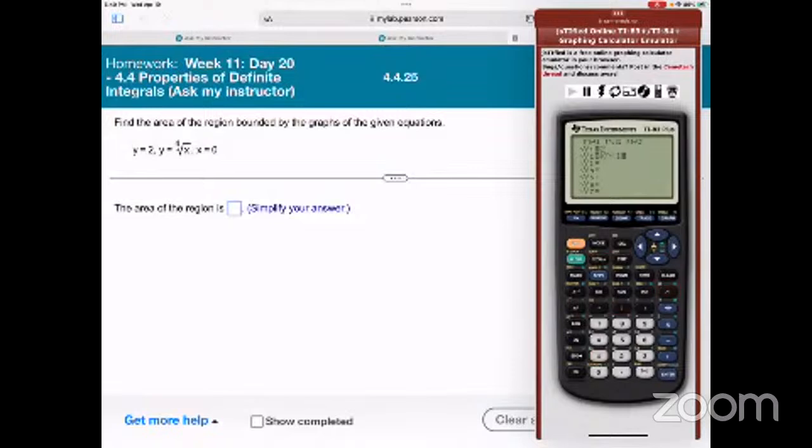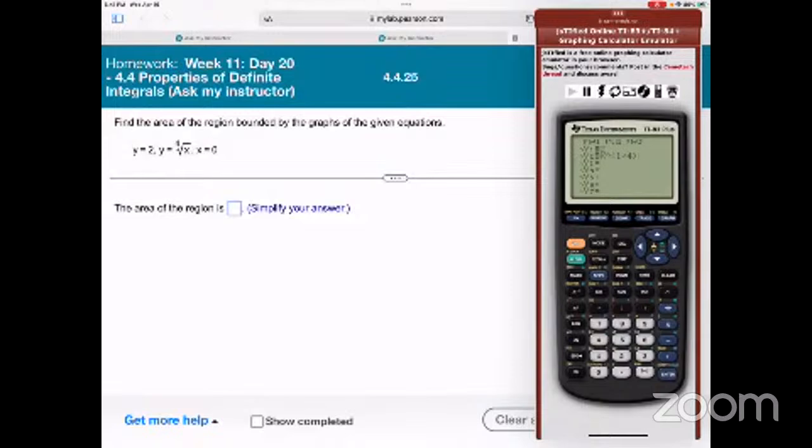So these two are going to be equal when x is 16, right? That's when they're going to cross.